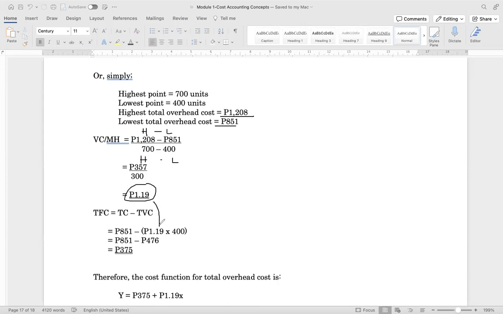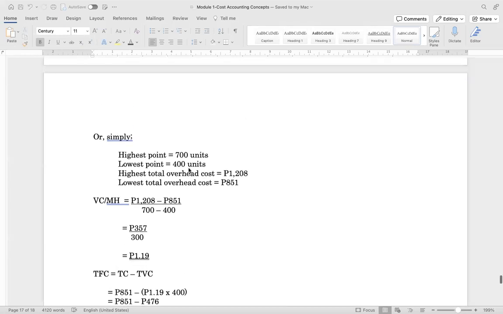Multiply 1.19 by 400, the lowest activity, and deduct it from the cost, 851. So we work back to 375 as the total fixed cost. Therefore, the cost function is y equals 375 plus 1.19x, and that is the total overhead cost function.